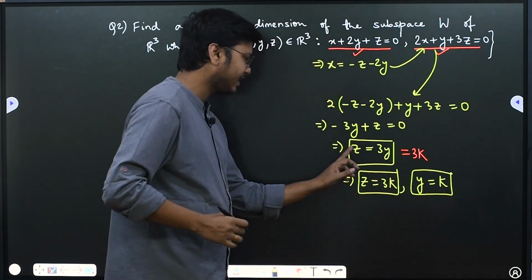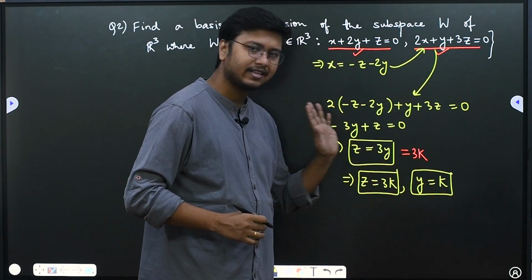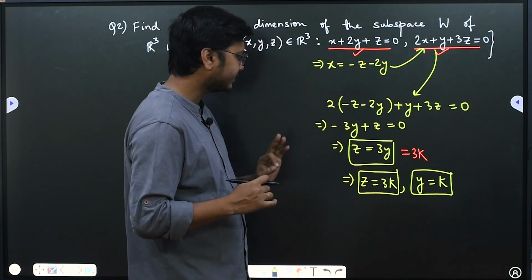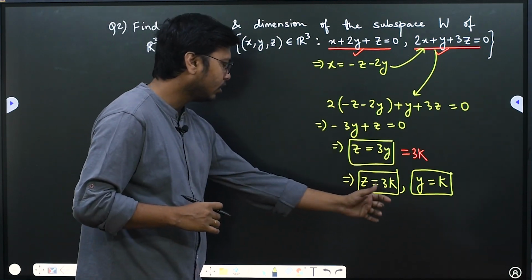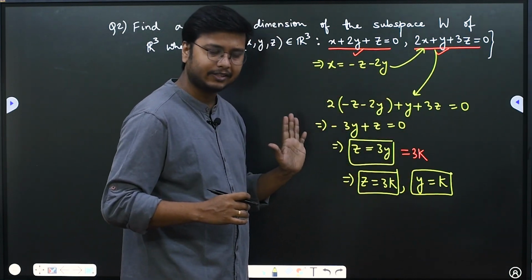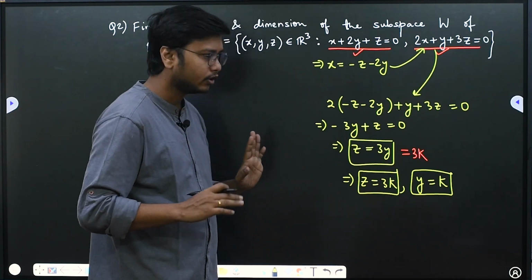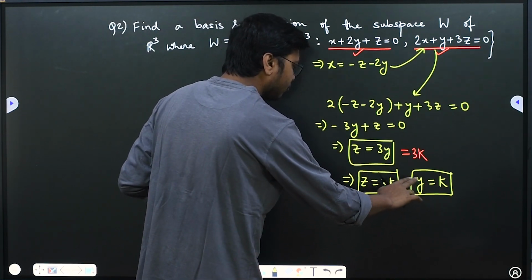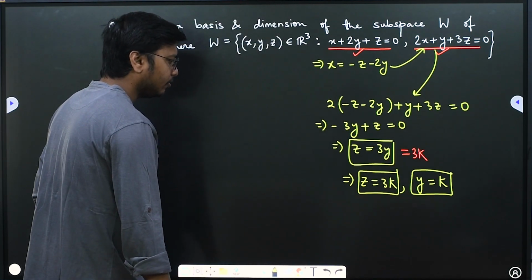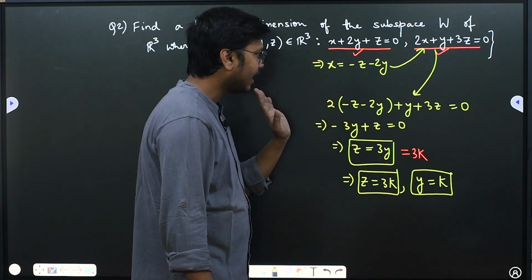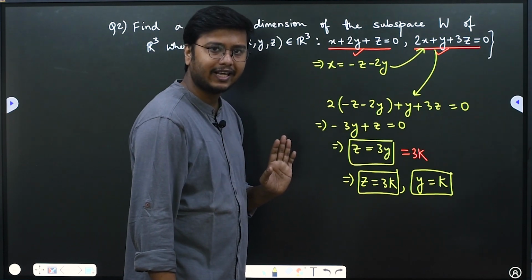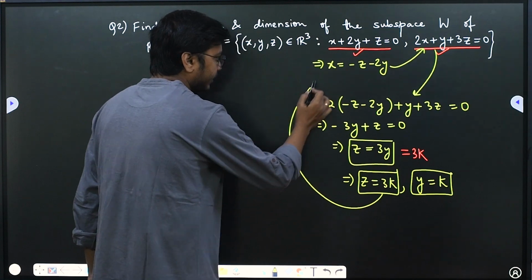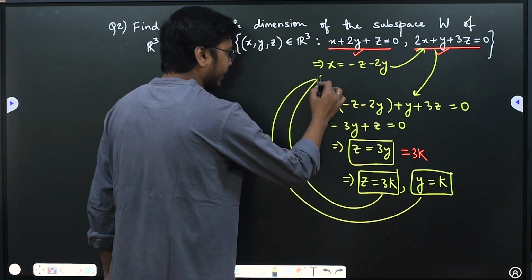Individually, z equals 3k and 3y equals 3k, so I get these two things, and I have no condition on x, because if I try to put this value over here, it's going to be 0, and if I try to put it here, it's going to be 0. So I have exactly got the values of z and y in terms of k, and I don't have any condition on x.